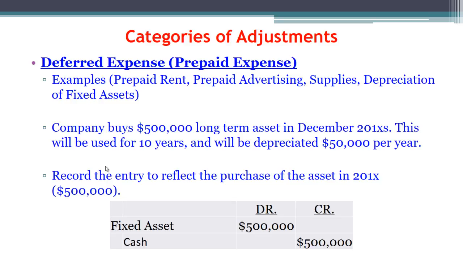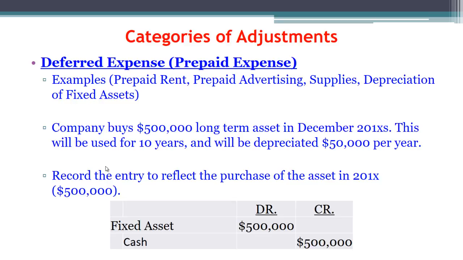Now let's take a look at another type of prepaid where we have depreciation. In this case, we bought some asset worth $500,000. We're going to be using it for 10 years. And for simplicity, since we haven't really talked about this yet, we're going to depreciate this asset over 10 years based on $50,000 per year.